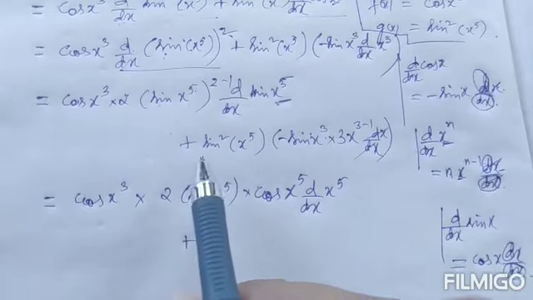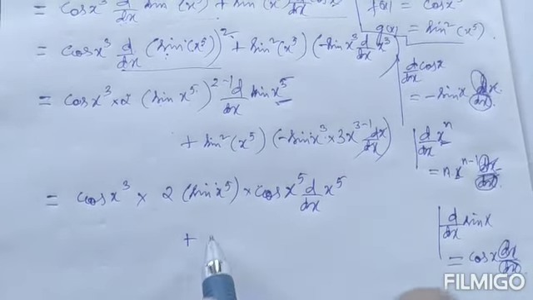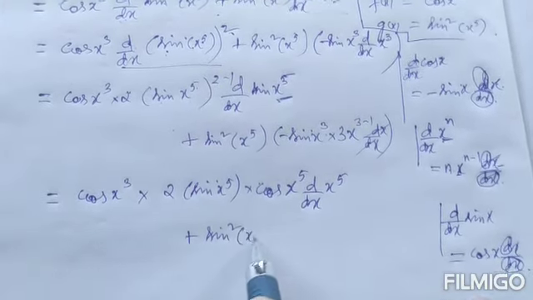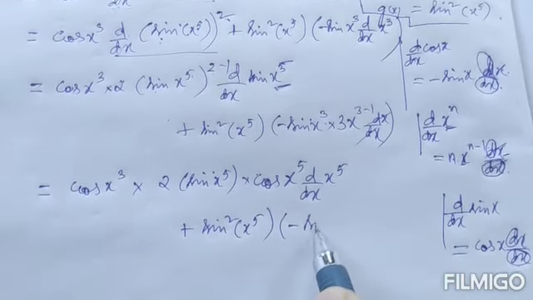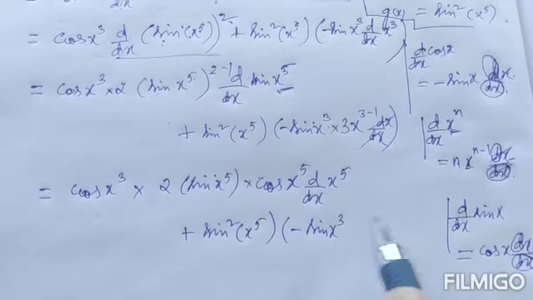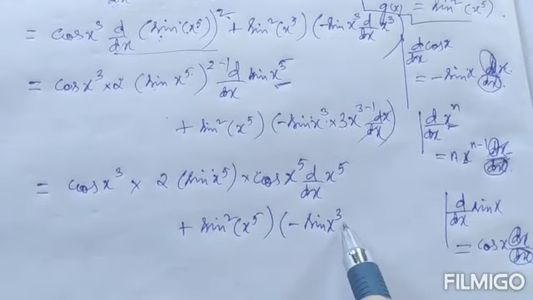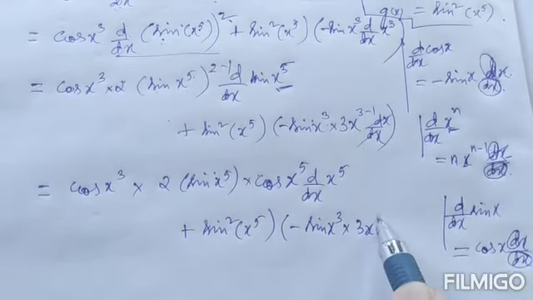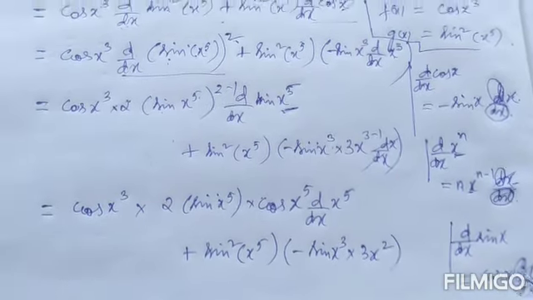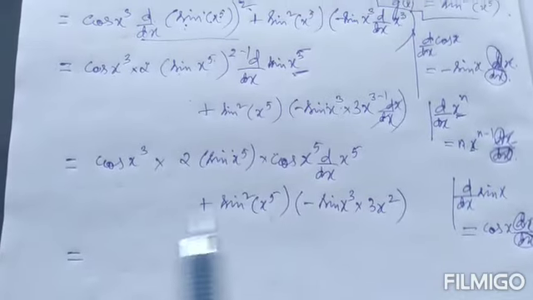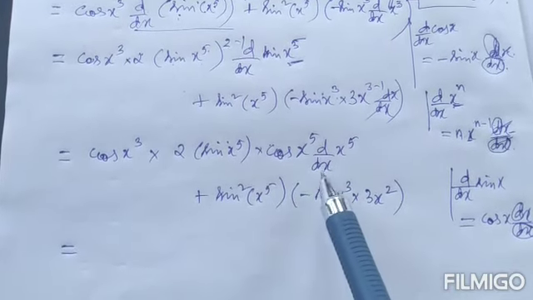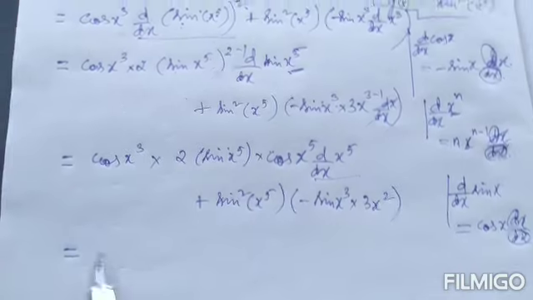Plus sin square x power 5 minus sin x cube. Then I'll have 3x square. 3 minus 1 will give you 2. Then in the next line, what I have to differentiate is only x power 5.